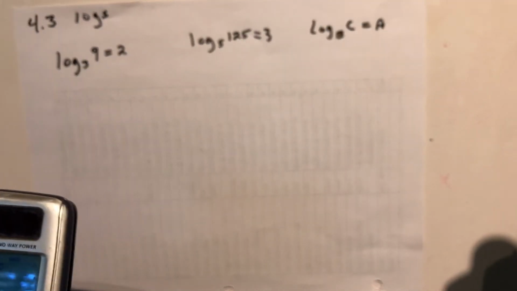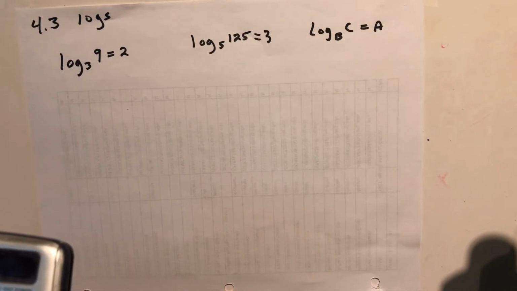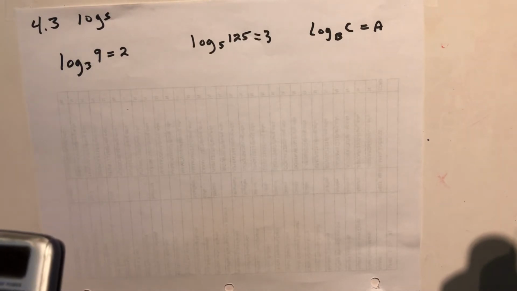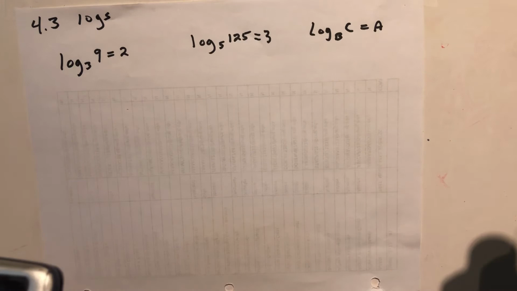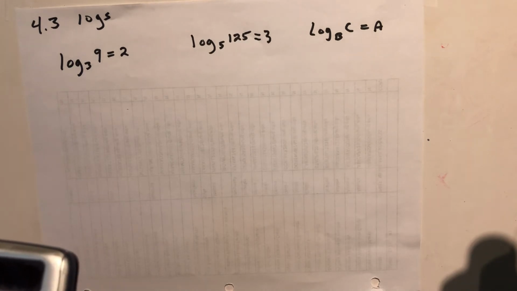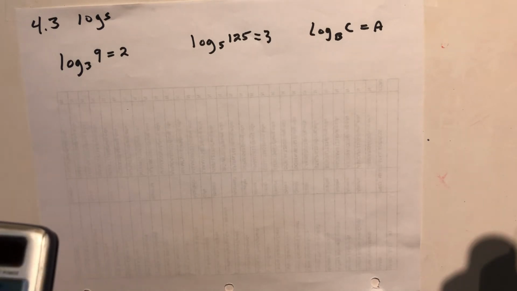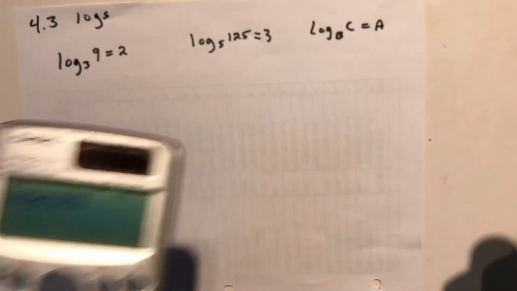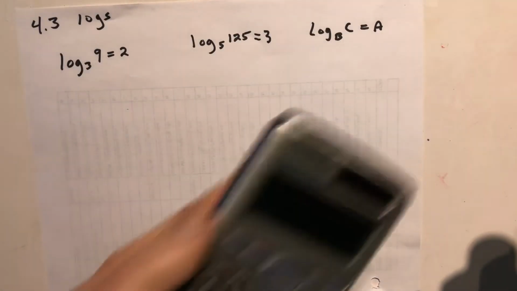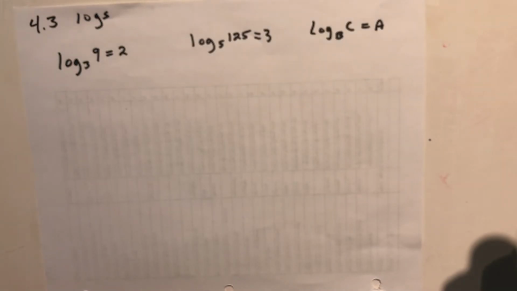And you should get 3, if you can type, which I can't do very well. I'll just clear. Log 5, 125. There, I got the 3. And you can't do the last one on your calculator.